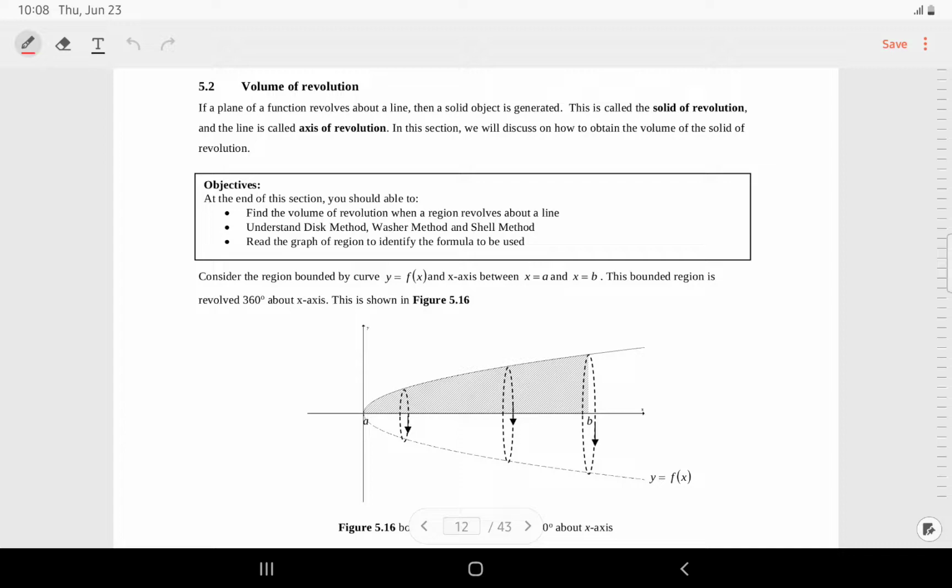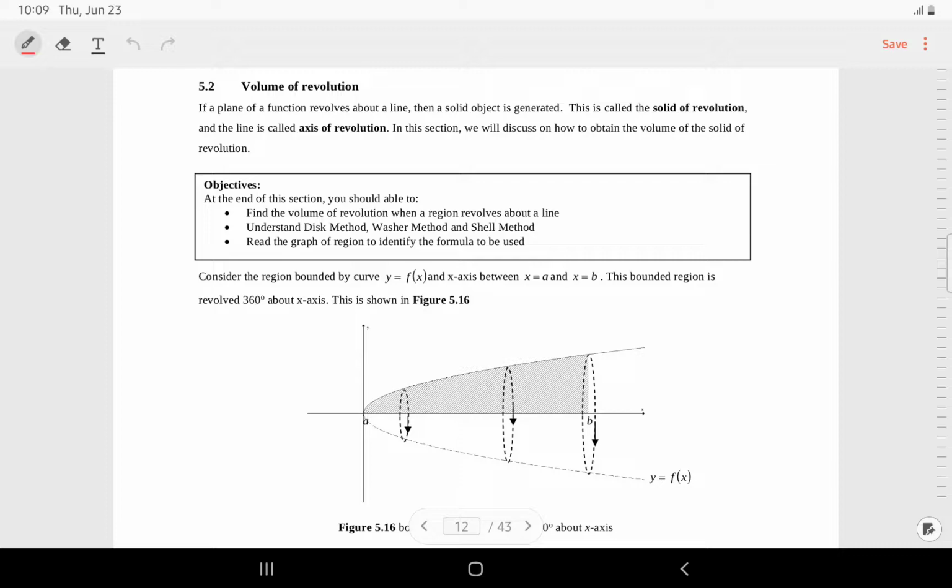The first application is about finding area in graph that we have learned in the previous week. So in this week we are going to learn about the second application. It is about finding volume of revolution.